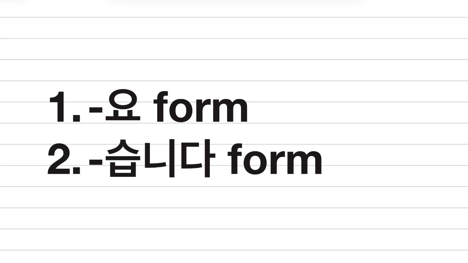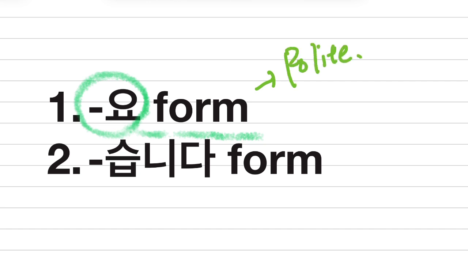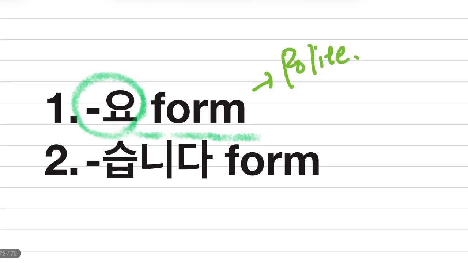Okay, so Korean has different levels of politeness. Number 1 is the 요 form. It's polite and used in everyday conversation.